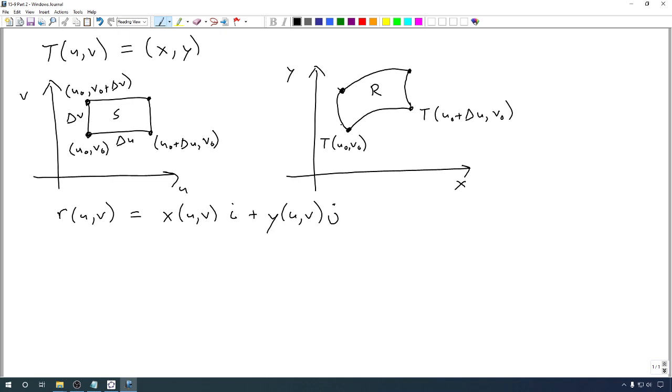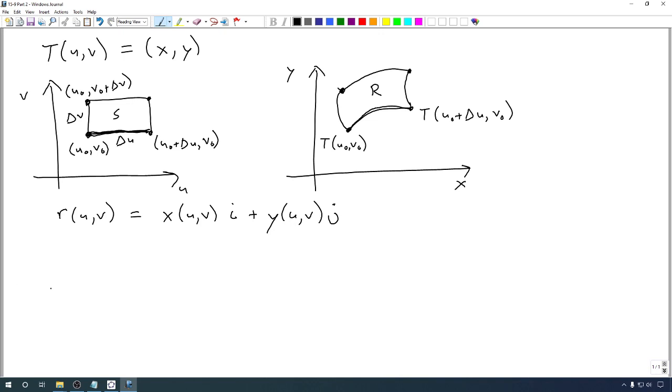Now we want to use this by looking at various curves. So this boundary curve here, this horizontal line, turns into this curve here. And we can actually view that as a parameterized curve.